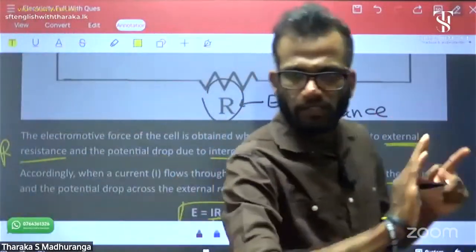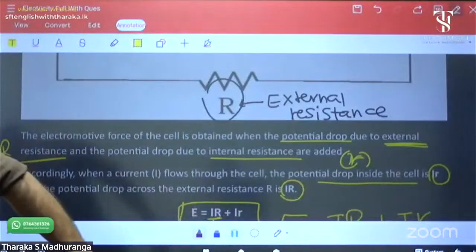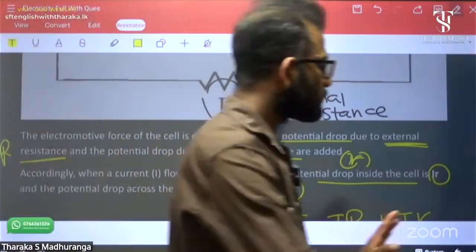This IR multiplication we can discuss later. Up to now, okay? Please send me a message if you have any doubt, because today's lesson is very, very important.